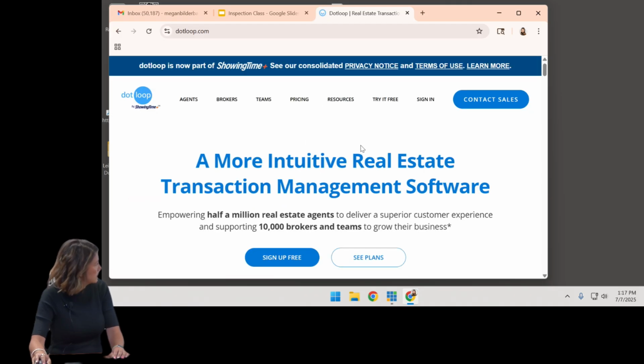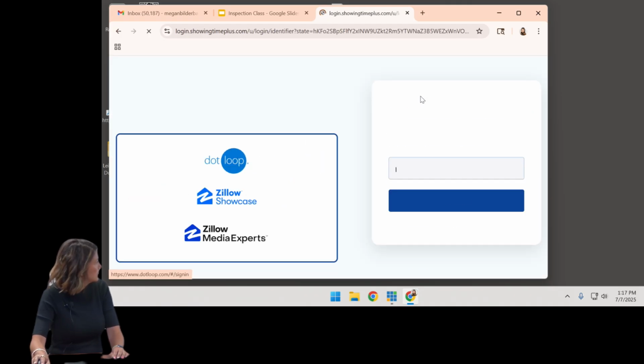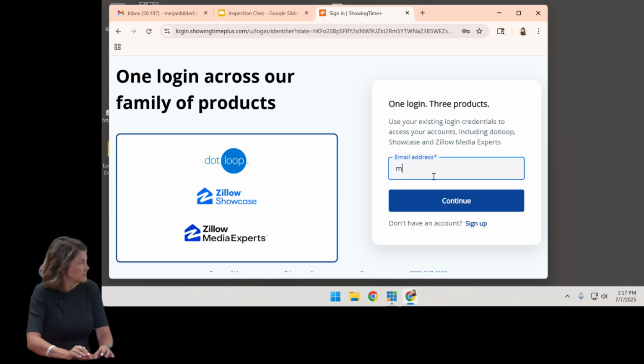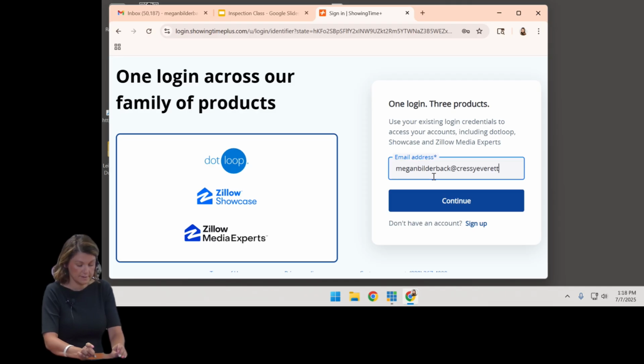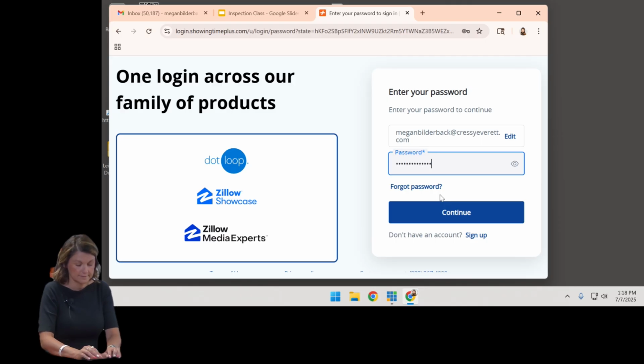I didn't even think about logging into Dotloop. This is good. Have you had your Dotloop class already? Yep. Oh, none of my presets are in here, so this is going to be fun. I guess I could see it up there. Oh, that one filled for you. Go back, delete it.